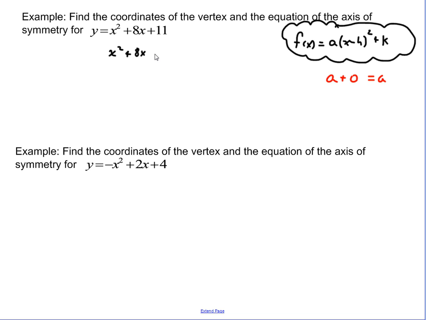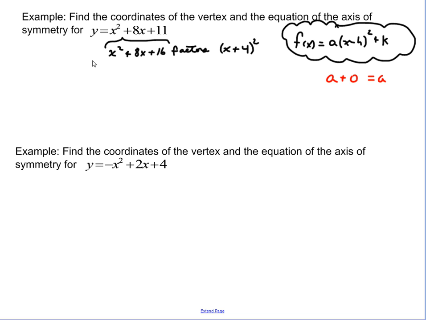Because we know that x squared plus 8x plus 4 squared, 16, factors as, what does it factor as? x plus 4 squared, right? And that's the kind of thing we have in our form. So how are we going to get this out of this? The answer is we're going to complete the square in place.